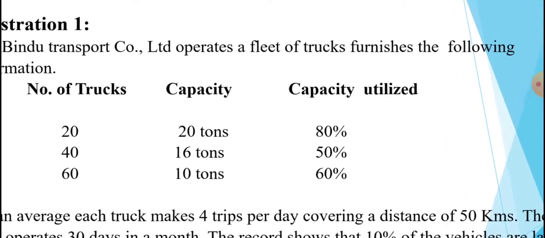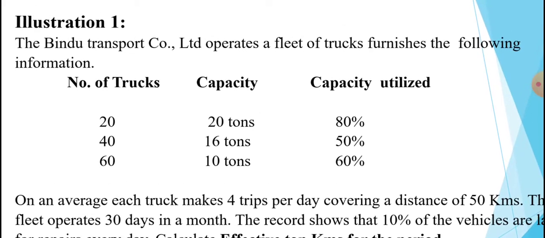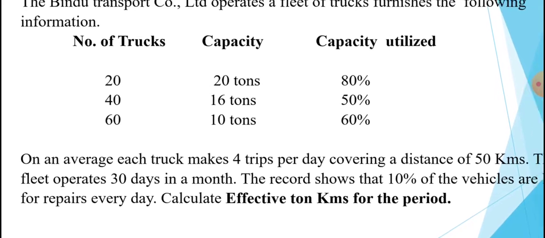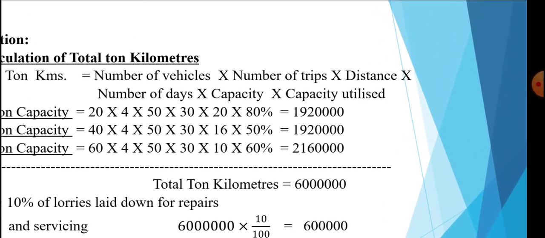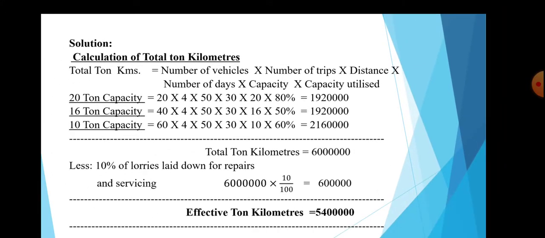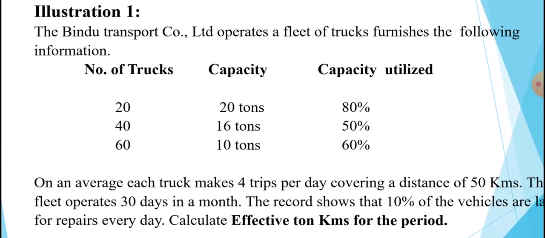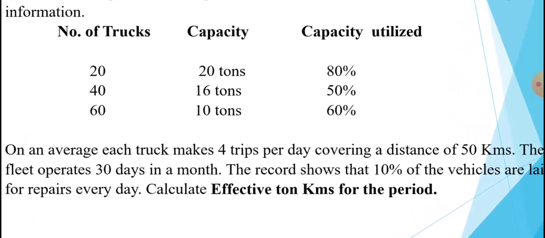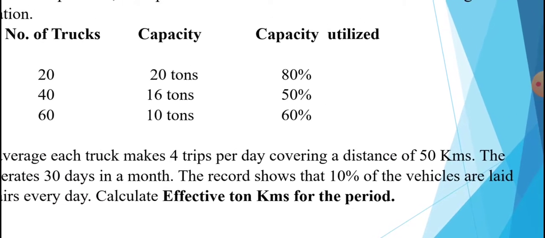For 20 ton capacity, the number of trucks are 20 and capacity utilized is 80%, and we need the information regarding the number of vehicles, number of trips, distance, number of days, capacity and capacity utilized. So the number of vehicles is 20 trucks for 20 ton capacity, and on an average each truck makes 4 trips per day covering a distance of 50 kilometers.